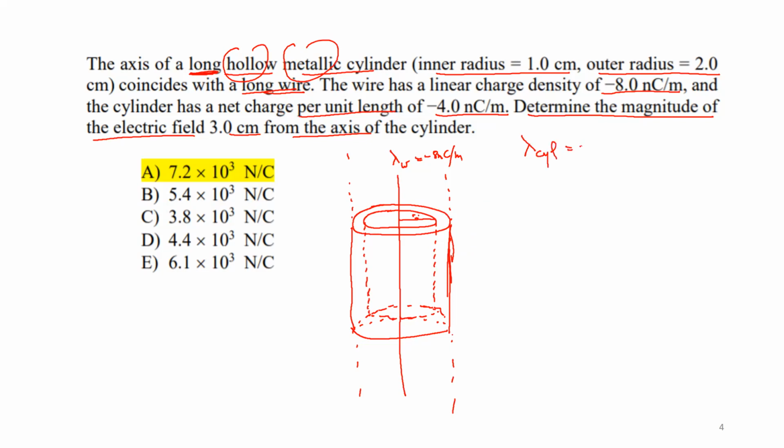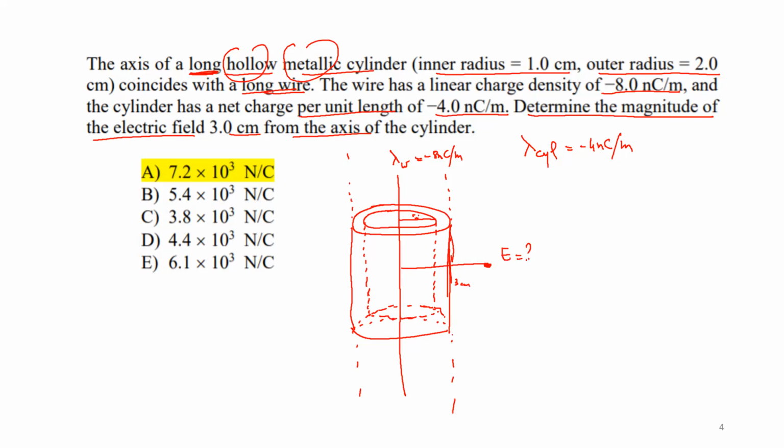Lambda still is -4 nanocoulomb per meter. And the question is to determine the magnitude of the electric field 3 centimeters from the axis of the cylinder. Let's say 3 centimeters is somewhere here. Okay, this distance is 3 centimeters. And what is E here?